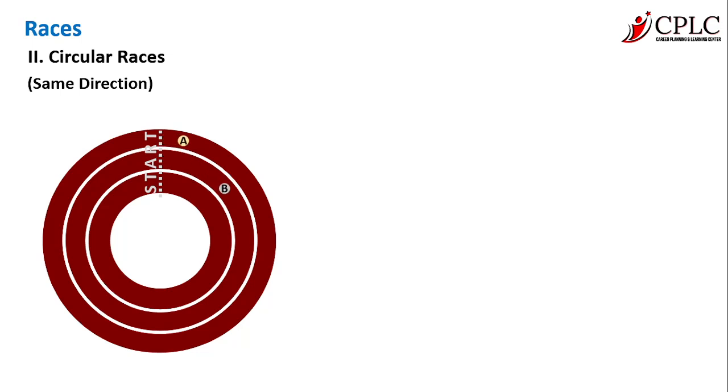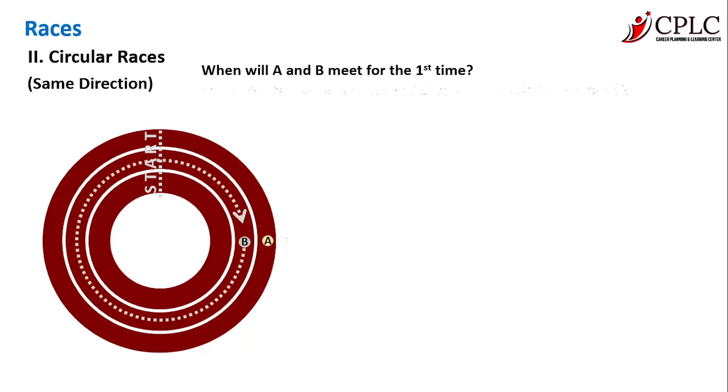So let's begin the race. Race has begun. Observe very carefully when do they meet for the first time. So somewhere around this point, a quarter of the lap, they are meeting, and this will always be the case, and hence you have to remember it as a concept. For the first meeting, if both are running in the same direction, the faster runner will always have a lead of one lap over the slower runner.